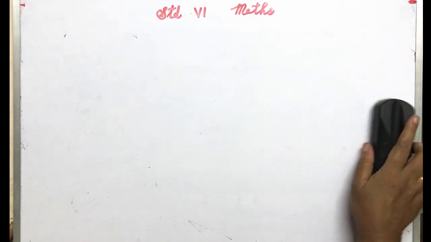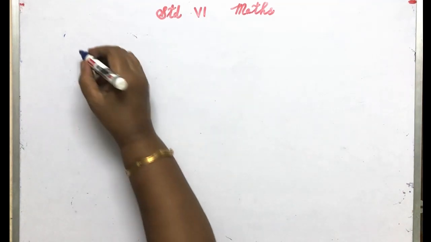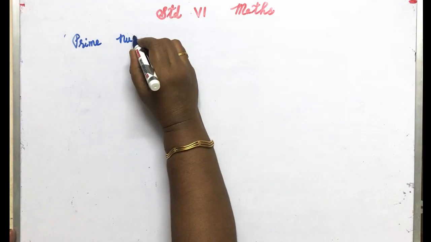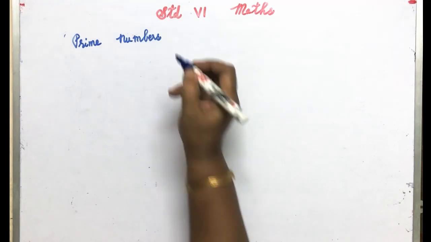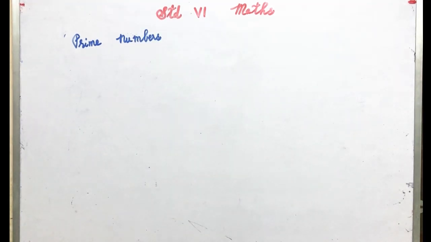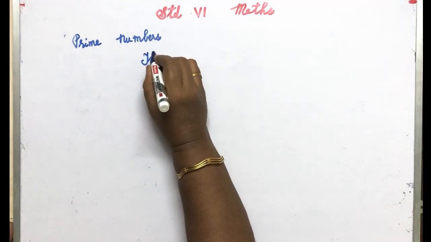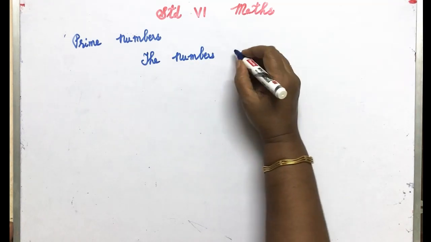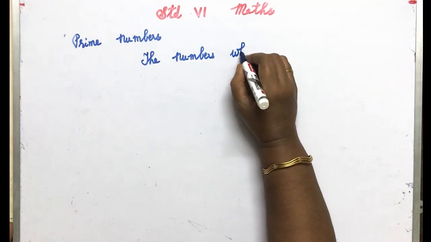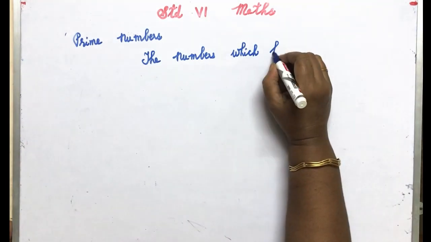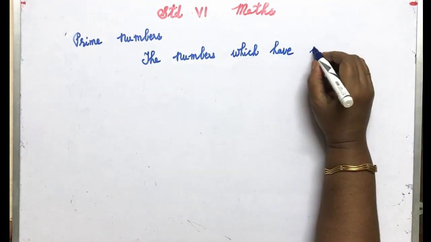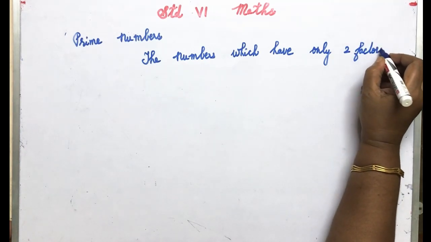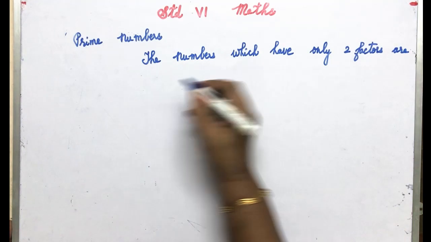Next we are going to see prime numbers. The numbers which have only two factors are called prime numbers.